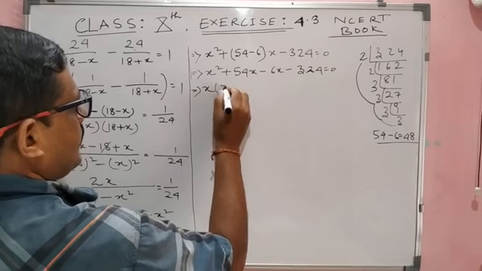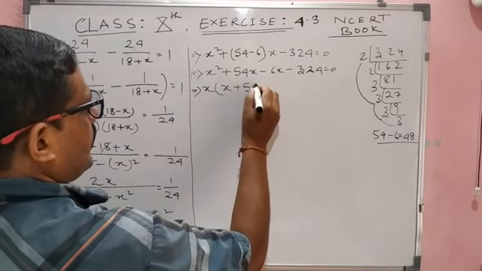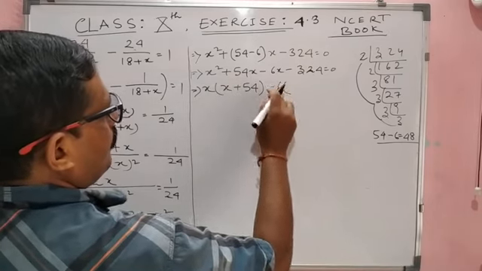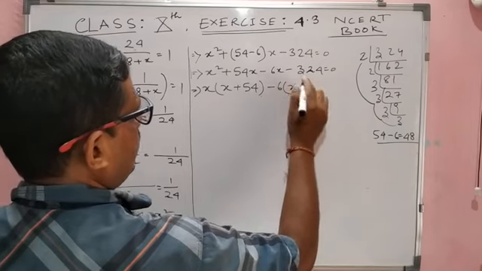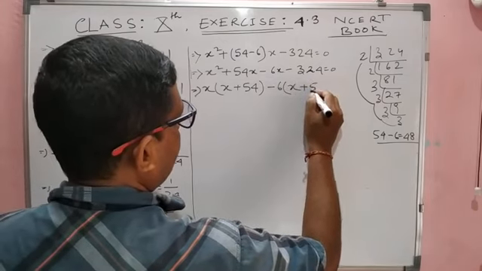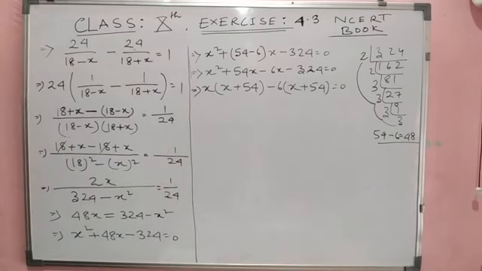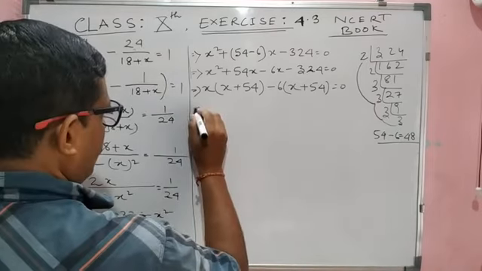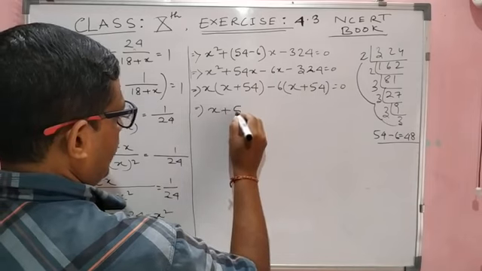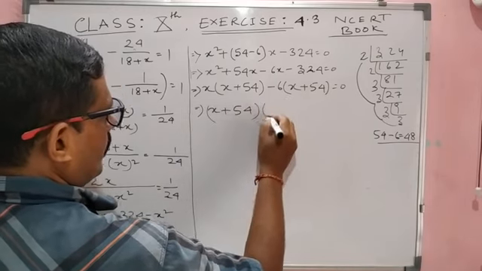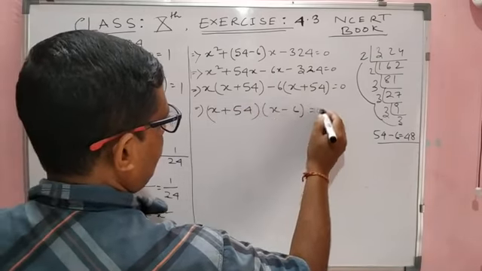This implies x common, so x plus 54, and 6 common, minus, plus, and on dividing we get 54. So it will be x plus 54 into x minus 6 equal to 0.